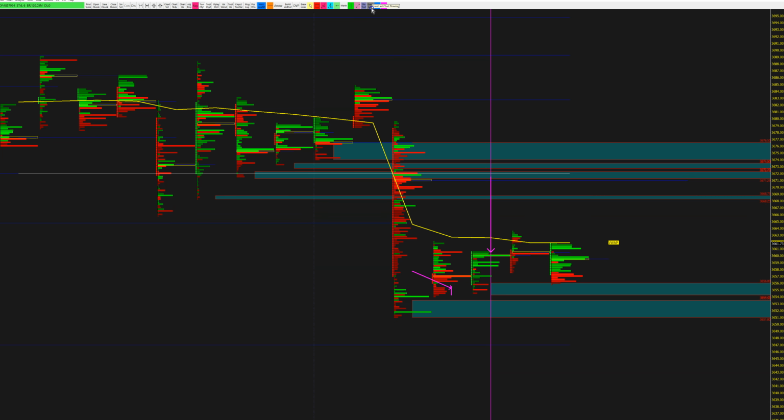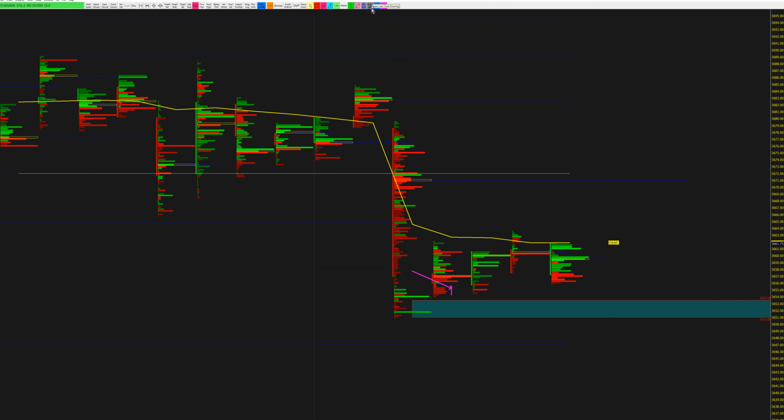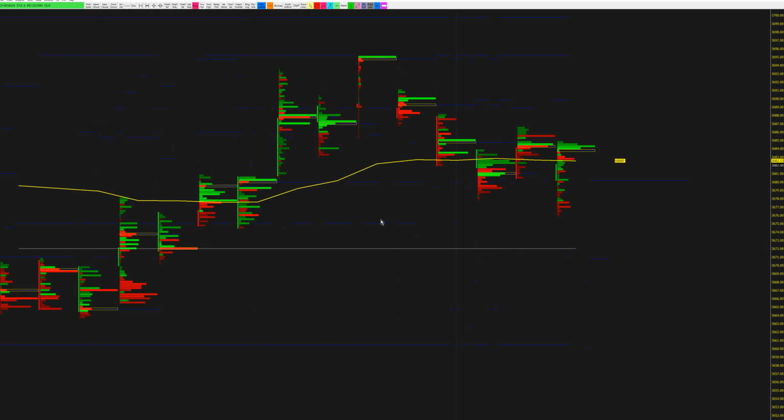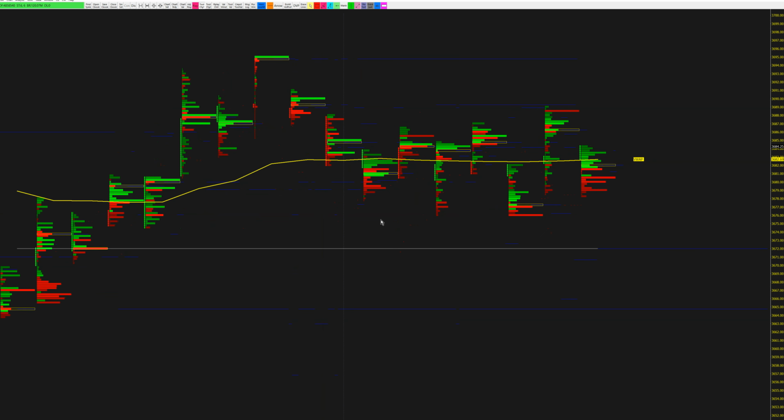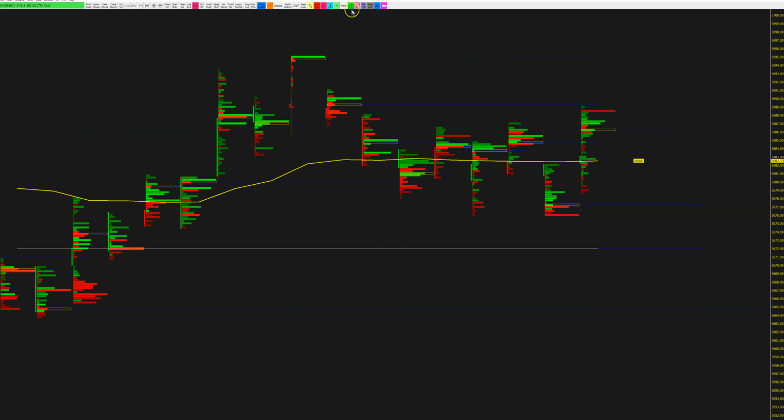So I'm going to erase lines. So now I'm going to come back in here to 8:30 this morning. Okay. So I'm going to put a purple line so everyone can see where 8:30 was. This is pretty much the open right here.